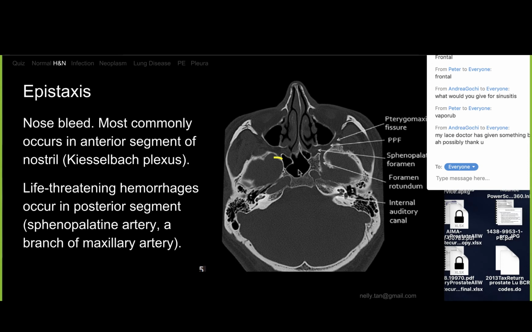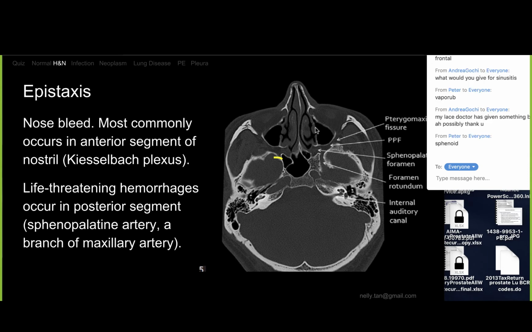What is this sinus called again? Sphenoid, okay. And then this one is what sinus? Here, anteriorly. Good.